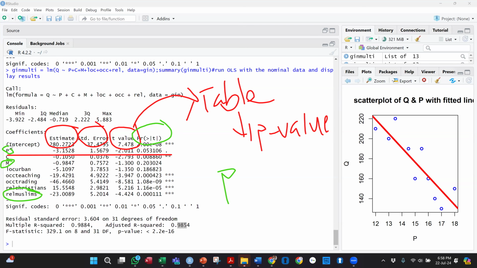If the p-value is less than or equal to 0.05, then that independent variable is significant. If the p-value is less than or equal to 5%, then the independent variable is significant.